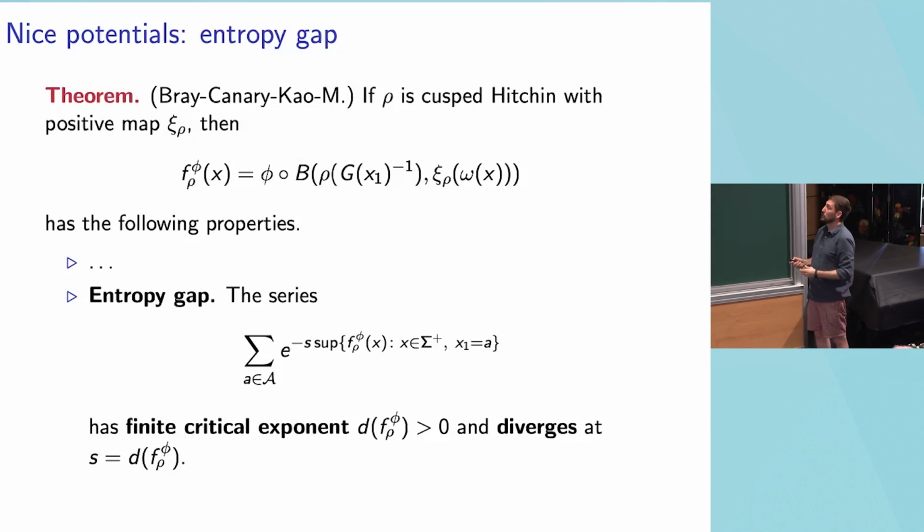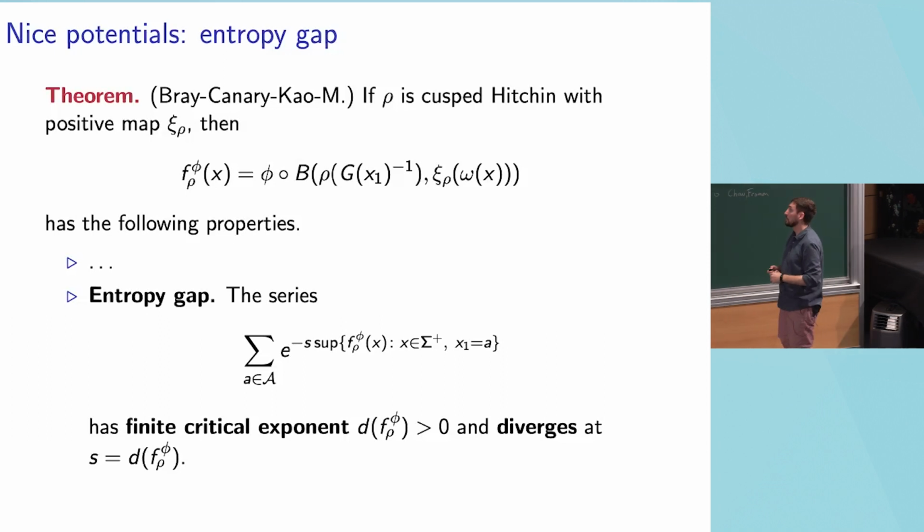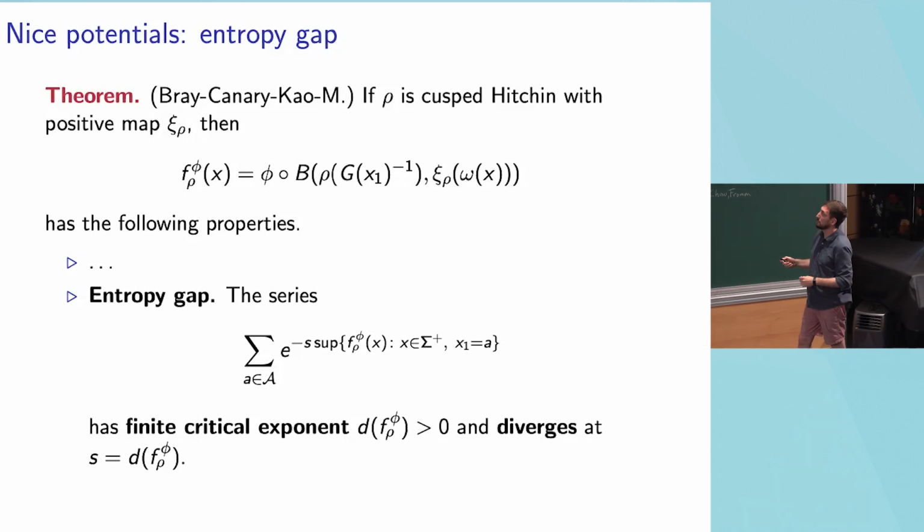One way to codify this is to look at a series that I'm going to talk about in a second, and ask for this series to have finite critical exponent and diverge at the critical exponent s. Okay, so what is this series doing?